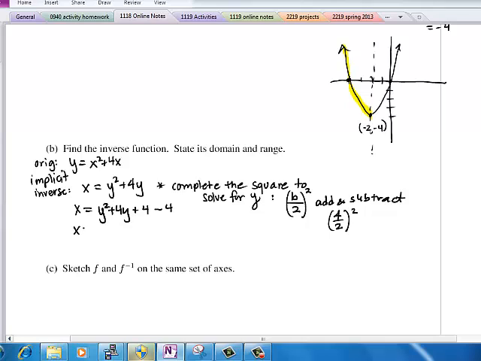So now I've got x equals y plus 2 squared from this trinomial group minus 4. And now I'll be able to solve for y. So I'll have y plus 2 squared equals x plus 4, which means y would be either positive or negative square root of x plus 4, minus 2.